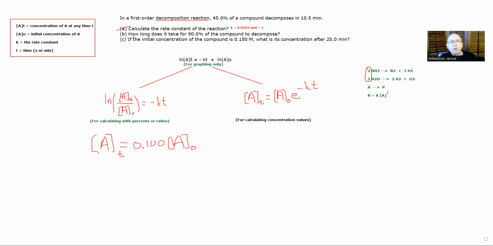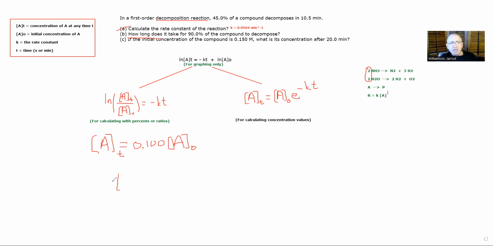And here it says how long. So we're solving for time. Which equation am I using? I'm using this one because that's the one you use for percents or ratios. I'm going to rearrange it and solve for time.